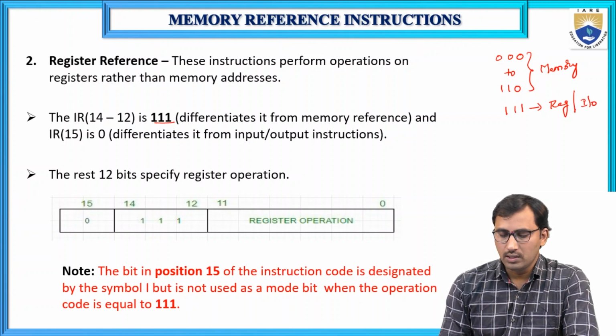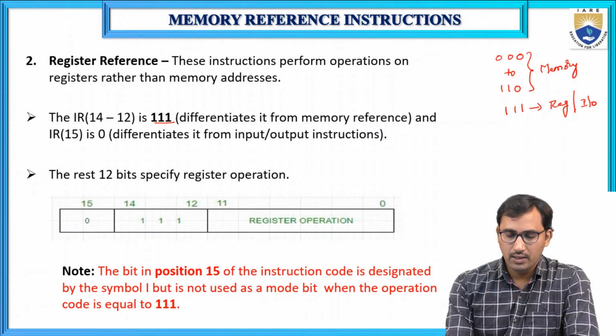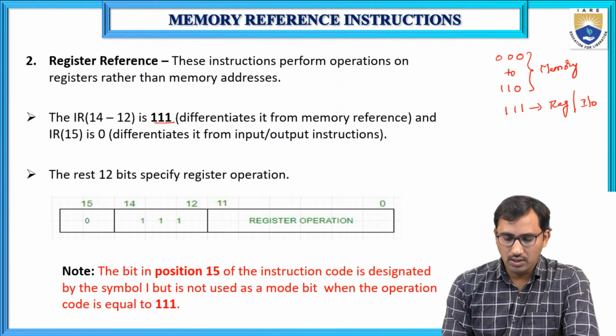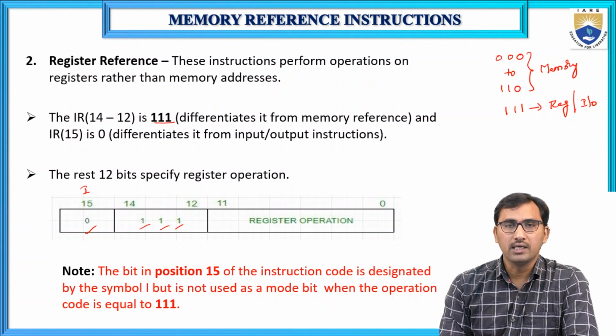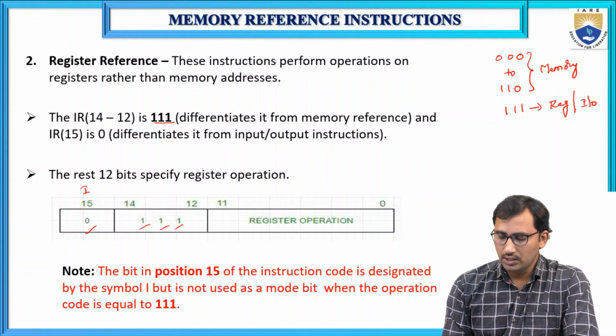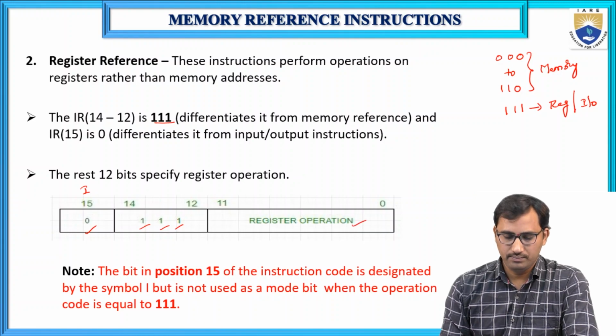For the register reference instruction, the opcode bits are all ones and the 15th bit, the I bit, is equal to 0. For this combination, it is a register reference instruction, and bits 0 to 11 represent the register operation.